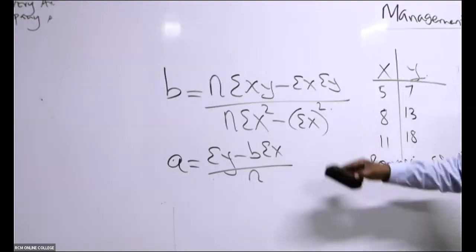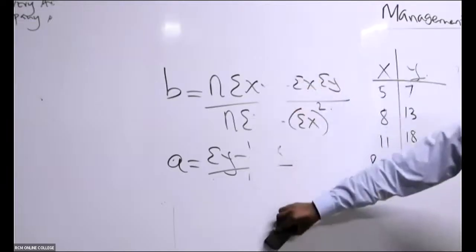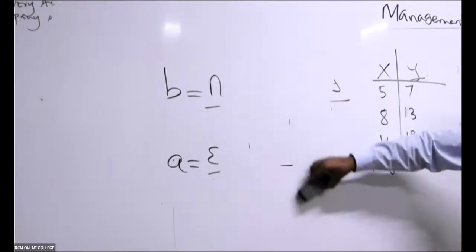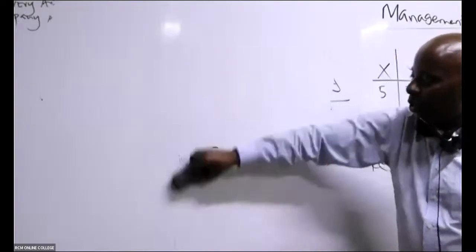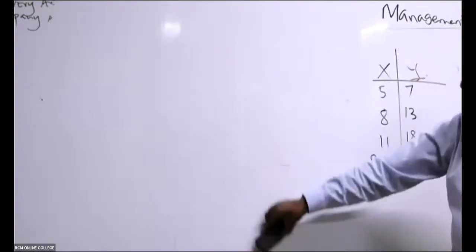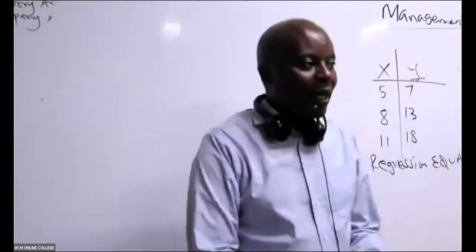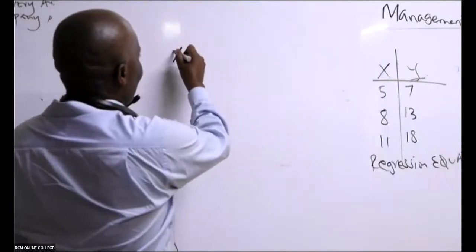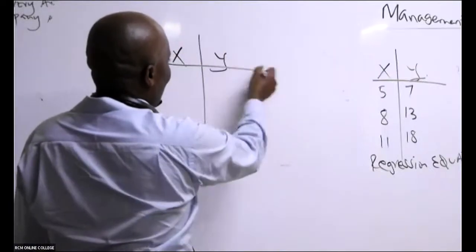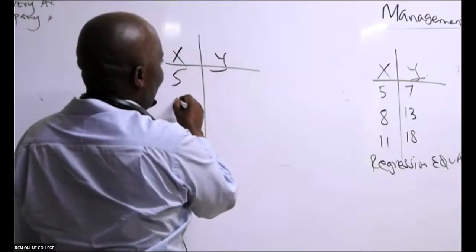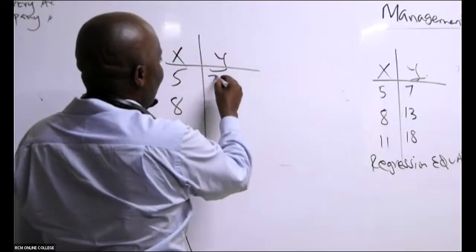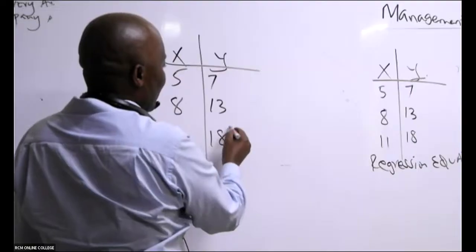All right. So we want to get a regression equation out of this. This is our x and this is our y: 5, 8, 11, 7, 13, 18. Don't write again.